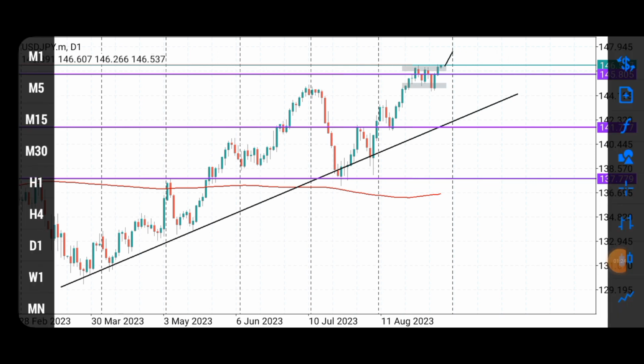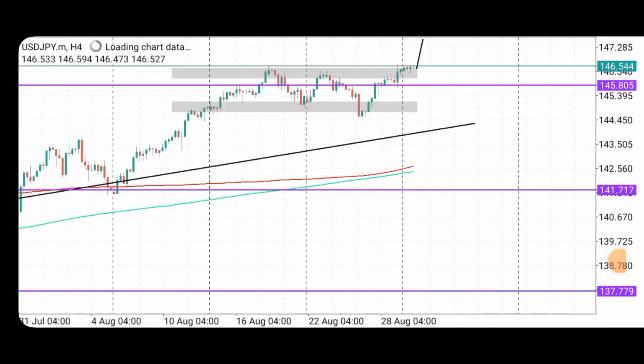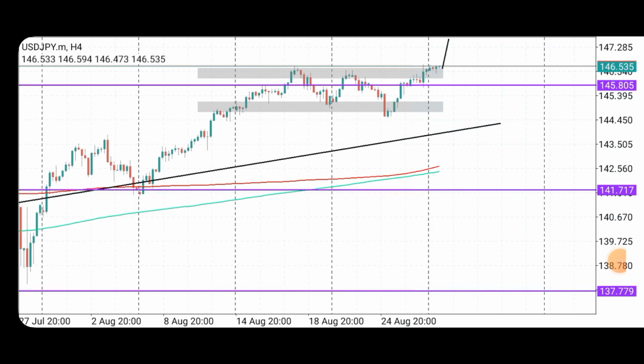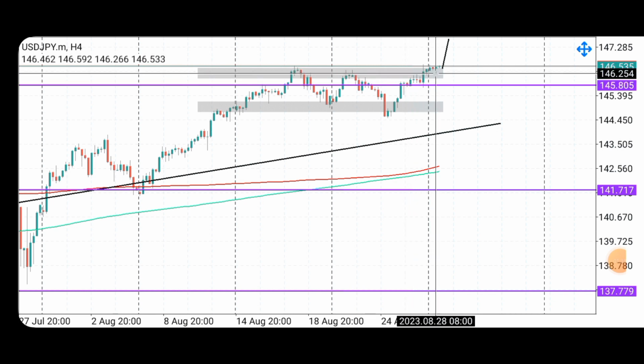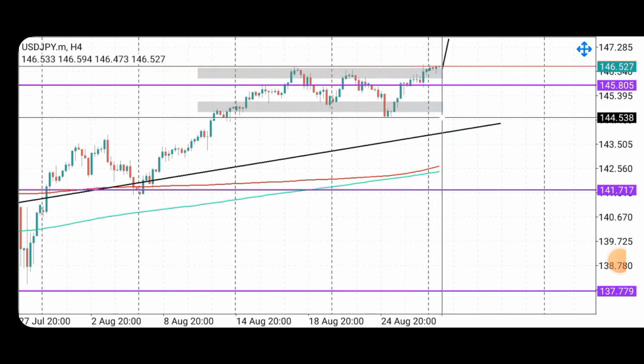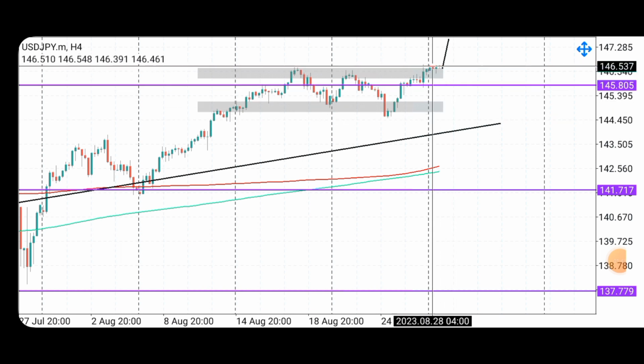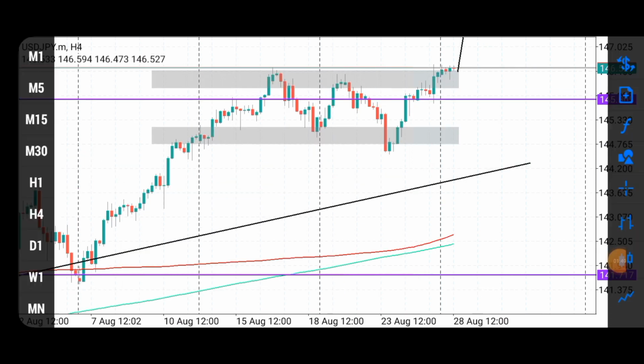So let's go on the 4-hour time frame. Here we have a demand and a supply zone, both plotted on the daily time frame. Let me zoom a bit.